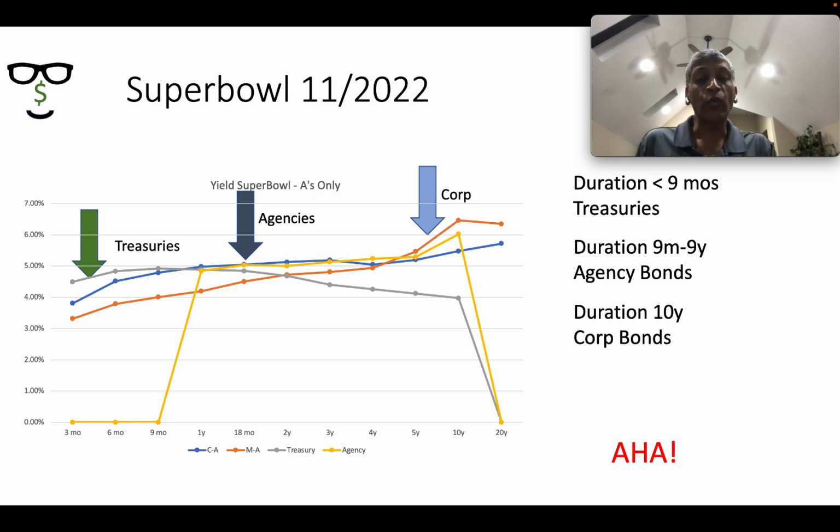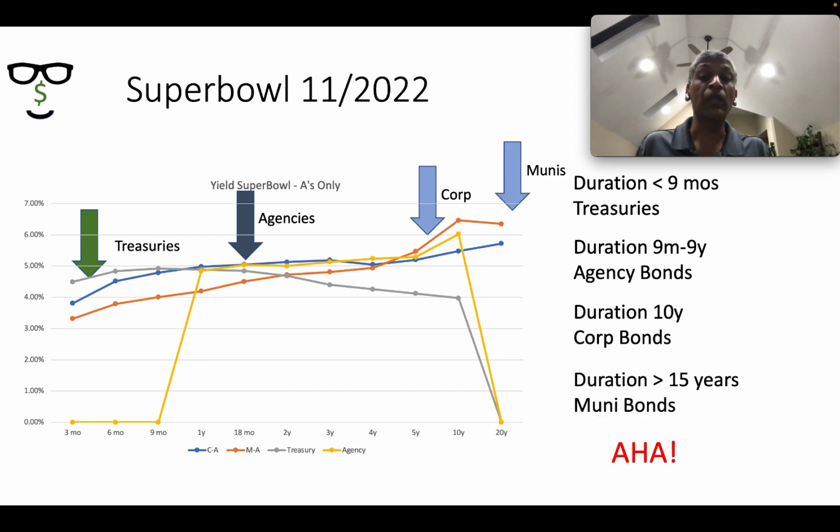Corporates now start looking good after 5 years. That is a little bit of a change. What that is telling you is that with new bonds being issued, corporations are forced to pay you a higher premium for the 5 year duration, or they will not be competitive with treasuries at all. So there are some good pickings out there for corporate bonds past the 5 year duration.